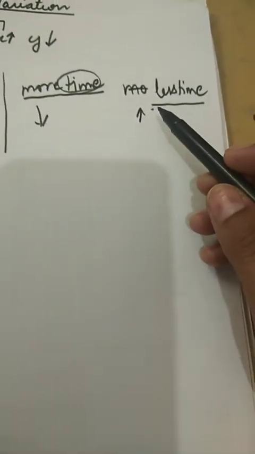But if more laborers are employed to the work of making the road, the work will be finished in very less time. So this is the example of inverse and direct variation. Now we will be more clear when we solve the questions of the exercises.